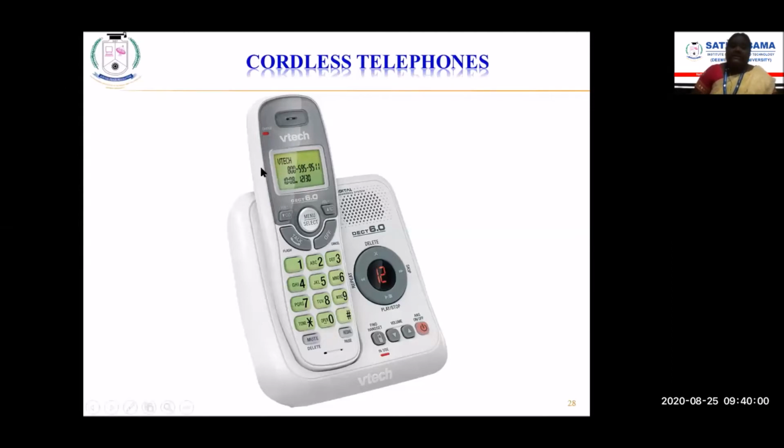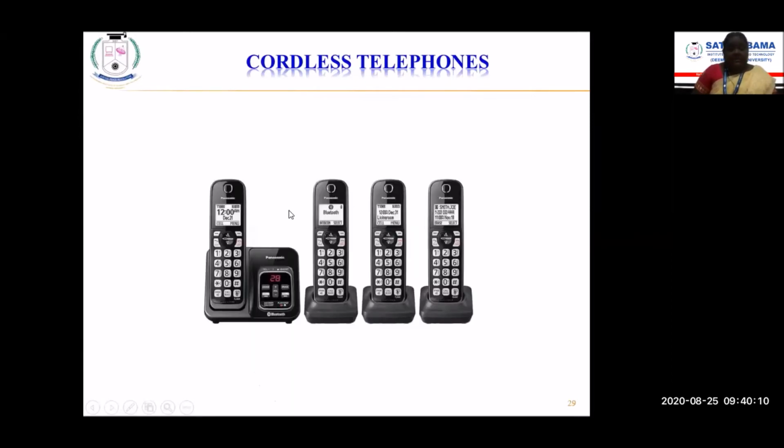All the details, the call history details, the time details, everything will be displayed on this LCD screen. So this is one such example of a cordless telephone. And this is another telephone from the brand Panasonic. So these are some of the extended cordless telephones as an example.